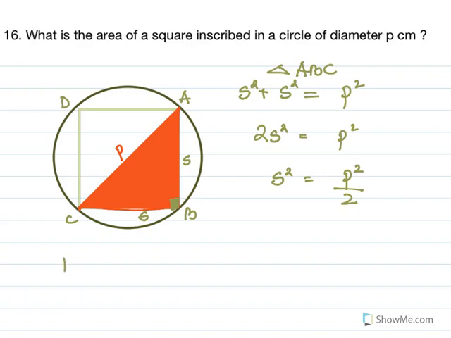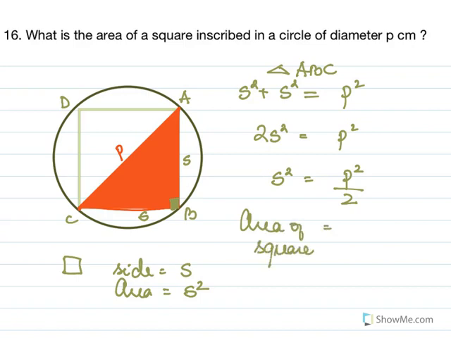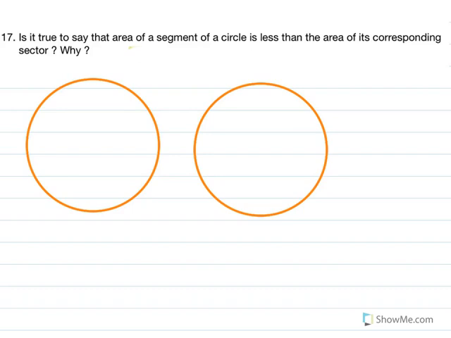We see here in the square, the side is S. Therefore, the area will be S square. So remember, S square is the area of the square. So area of square equal to P square over 2. So this is the answer, p square over 2.